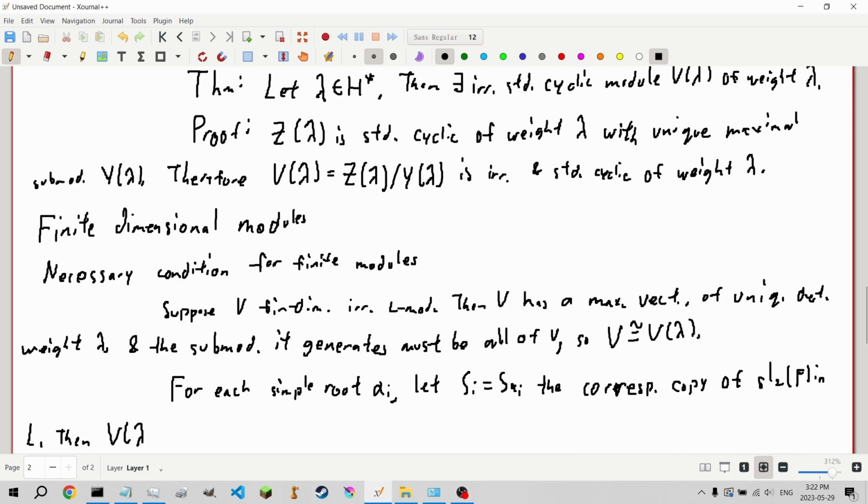Then V lambda is a finite dimensional module for Si, and a maximal vector for L is a maximal vector for Si.